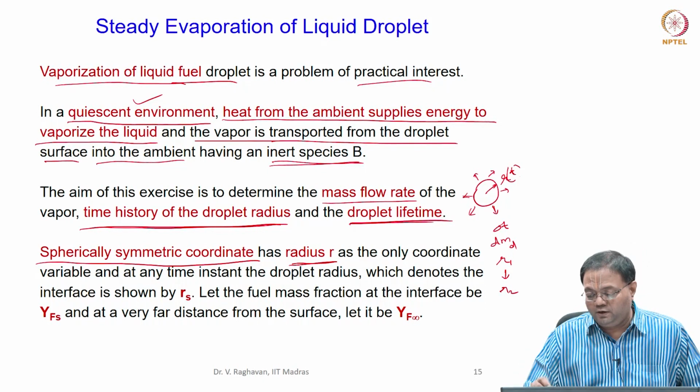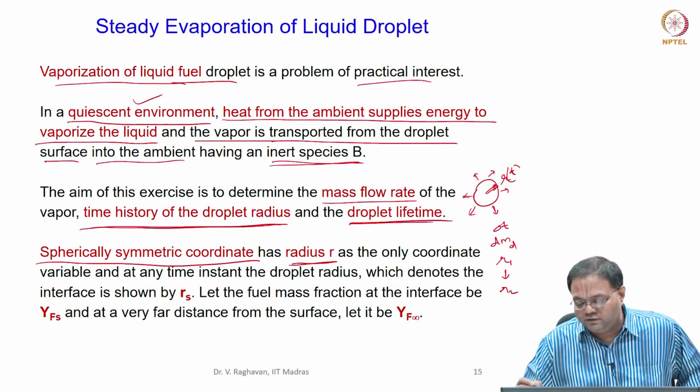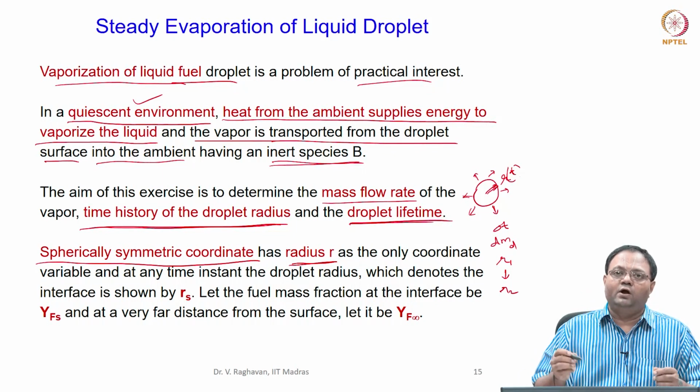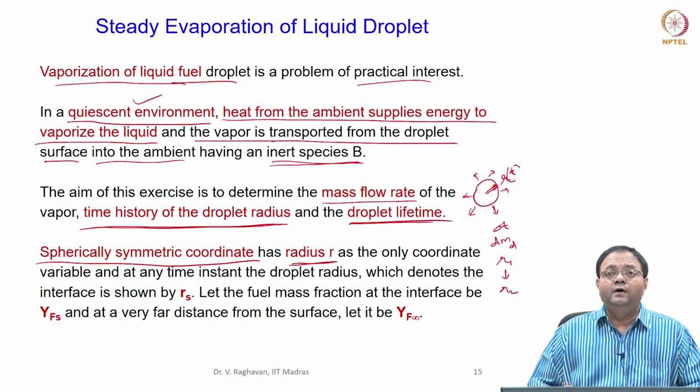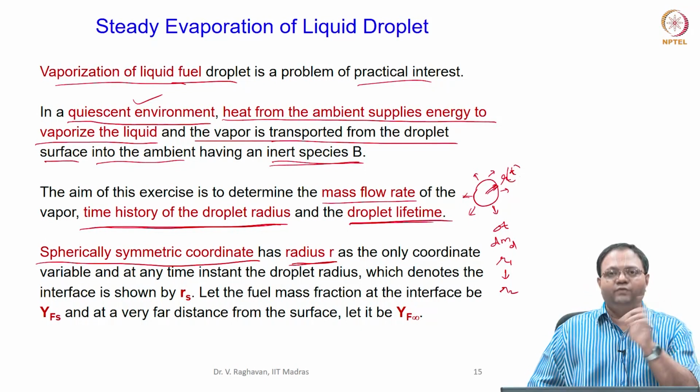So, for the spherical droplet, if we track only one radius, that is enough for us. That is the way we consider this as a one dimensional problem, at any theta or phi.